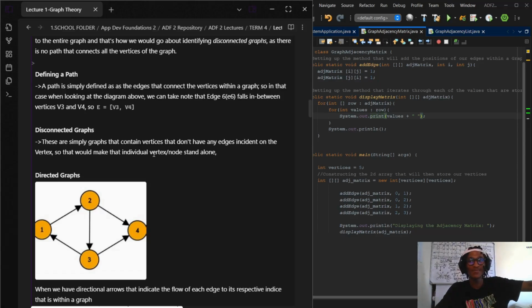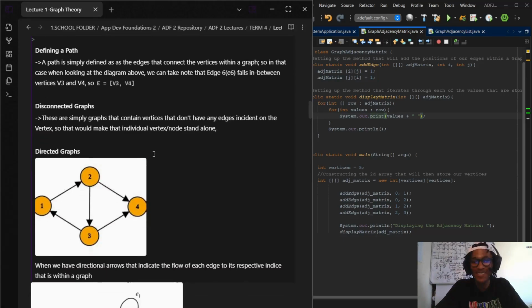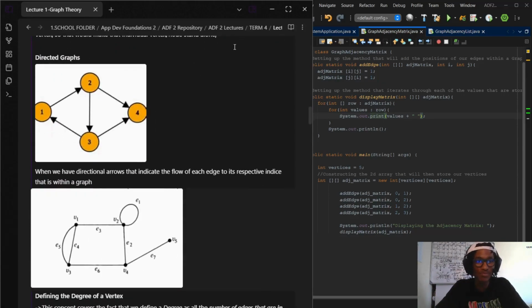You can't teleport from the island into the graph that has the roads, in a sense, but that's just a silly way of putting it. And then directed graphs are when we have directional arrows that flow from each of the respective vertices that are within a graph.